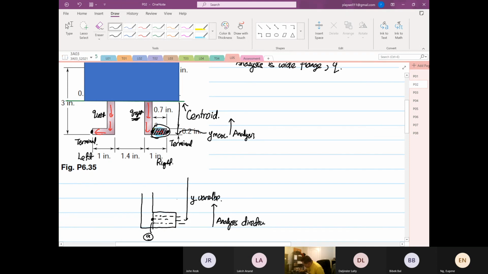When it moves to this distance over here, this is the only area of concern. We are not interested in what's going on in this region. Does that make sense? Because the analysis direction starts from Y max. That's why those 4 rules, or the 5 rules, are so important.